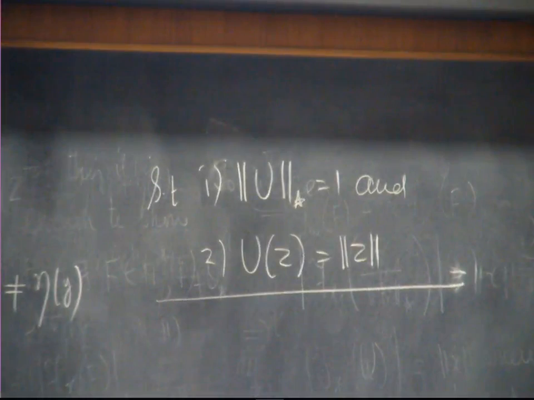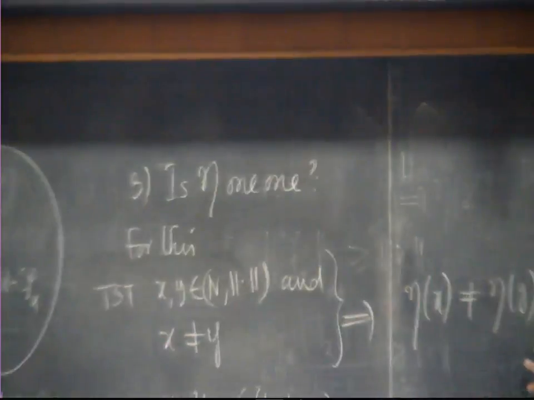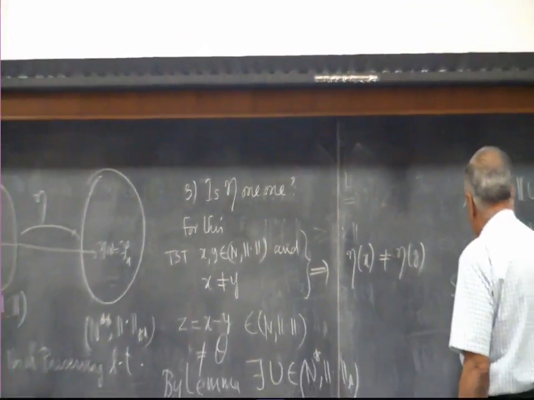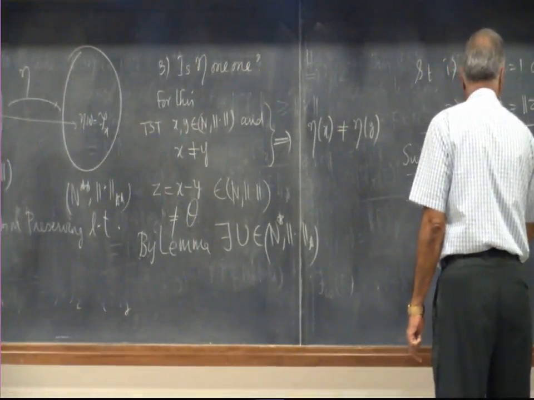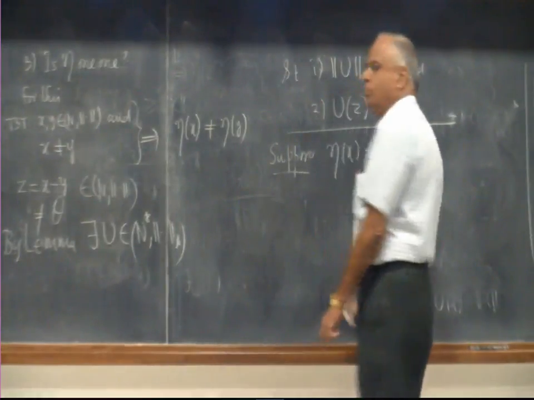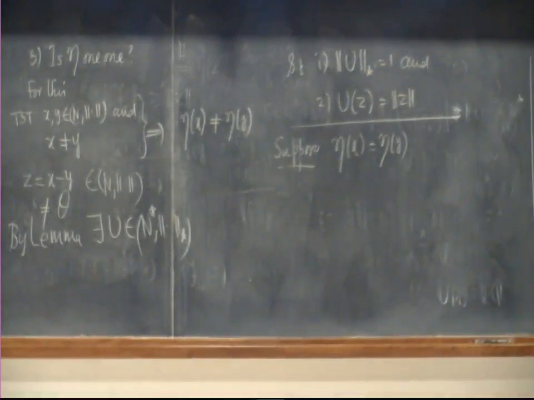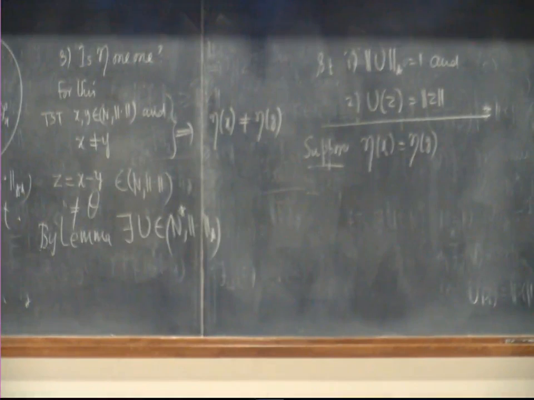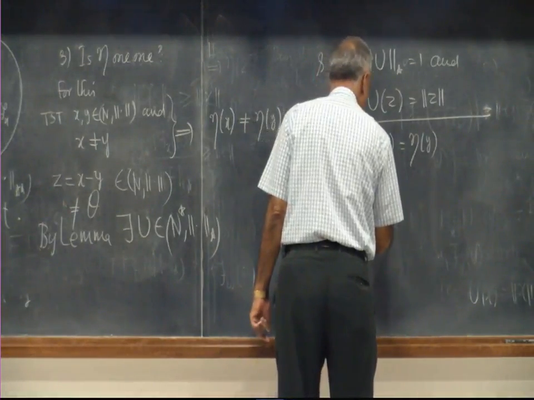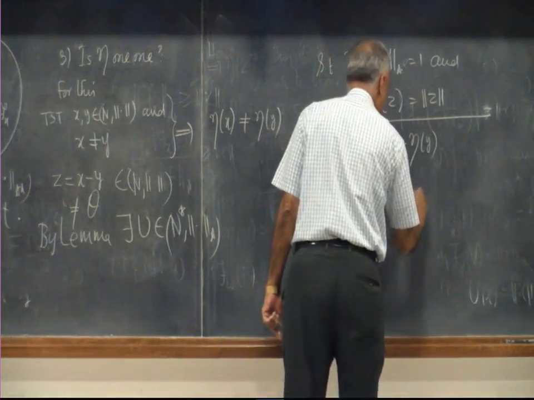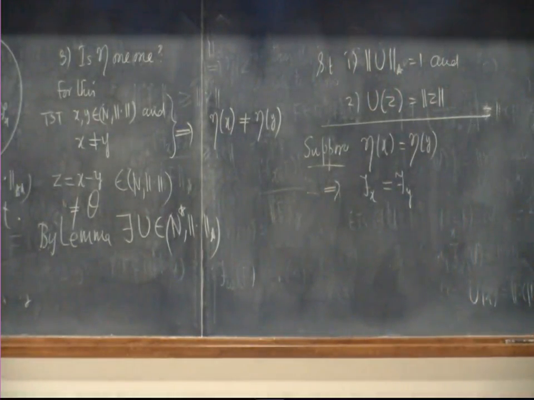So now we want to prove that eta x is not equal to eta y. Suppose eta x equals eta y. Suppose two fellows had the same shadow, which means Fx equals Fy. The corresponding shadows are equal.